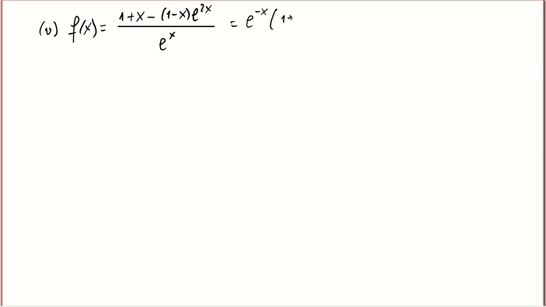But still, we don't have to multiply series. We can multiply functions, and then we have 1 plus x times e to the minus x minus 1 minus x times e to the 2x minus x, which is plus x.